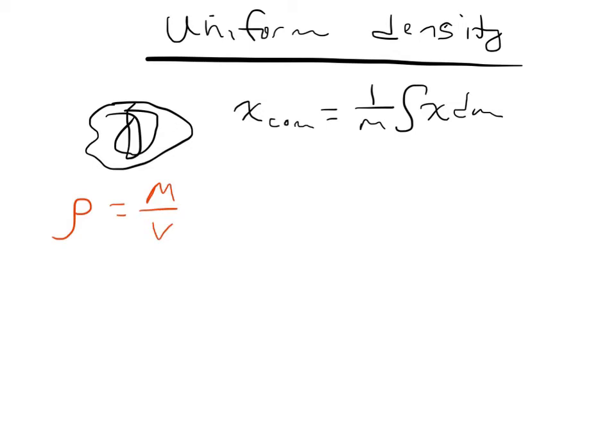We can do some replacements here. Our density is the same as dm over dv, since we're talking about uniform density here. So dm would be our density times dv.